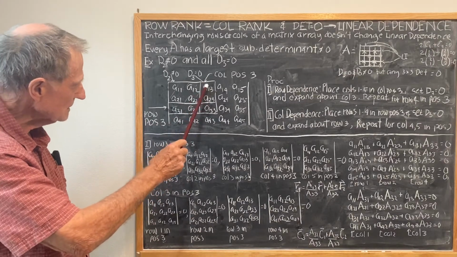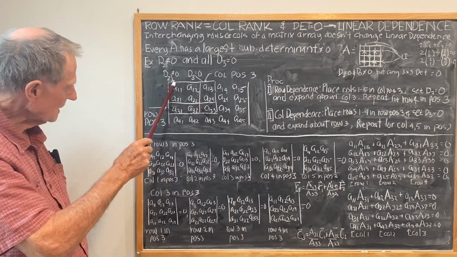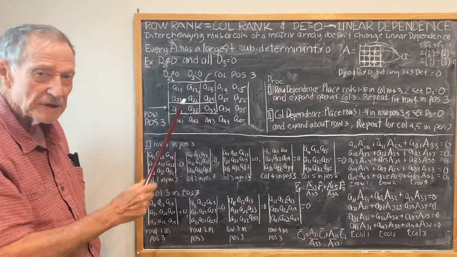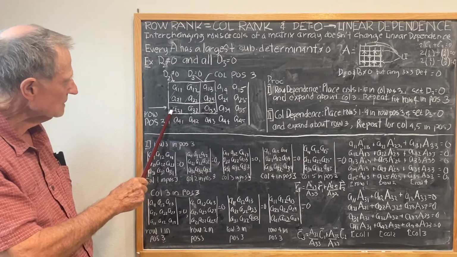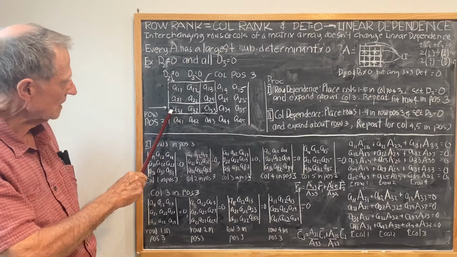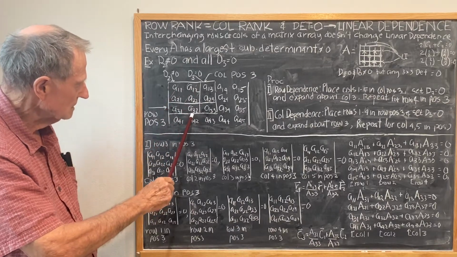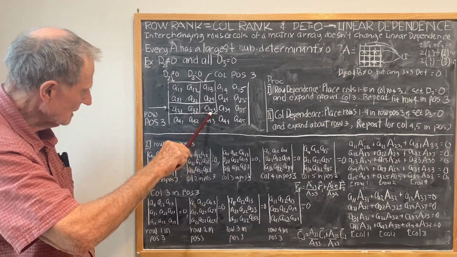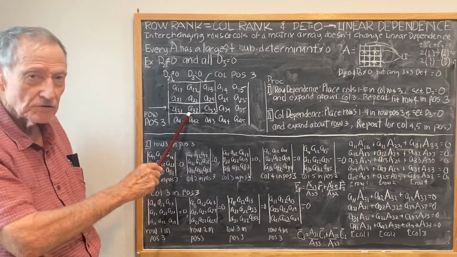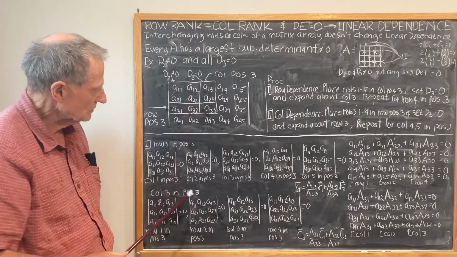Now, if I replace this column with this column here, and repeat that calculation, I will get the same thing. A31 is the same linear combination of A21 and A11. If I place this column in this column, I will get that A32 is a linear combination of A22 and A12.